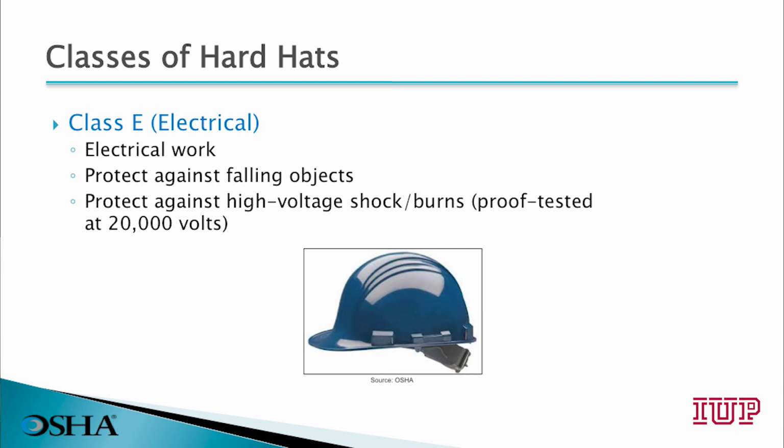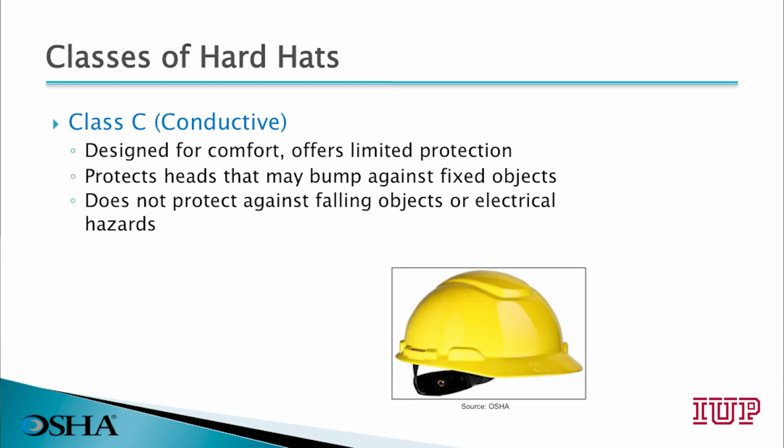A Class E hard hat for electrical is specifically for electrical work. This hard hat protects against falling objects as well, and protects against high voltage shocks or burns, up to 20,000 volts. A Class C hard hat is designed for comfort, offering limited protection. This type of hard hat protects the head from bumps against fixed objects.